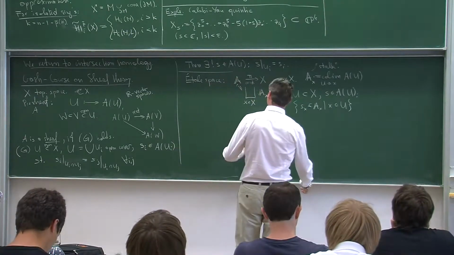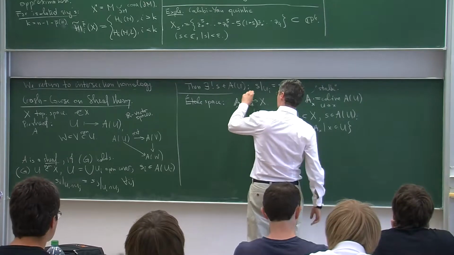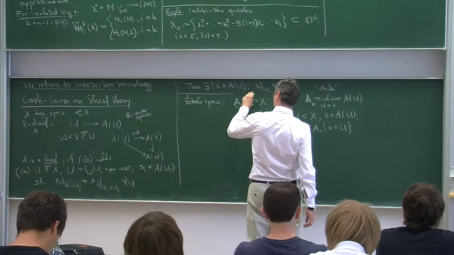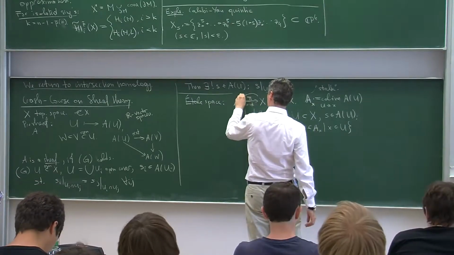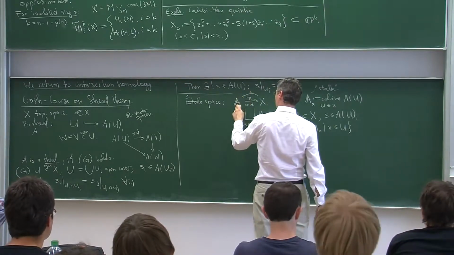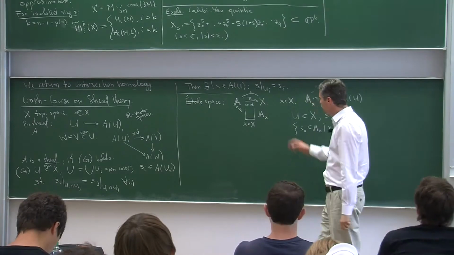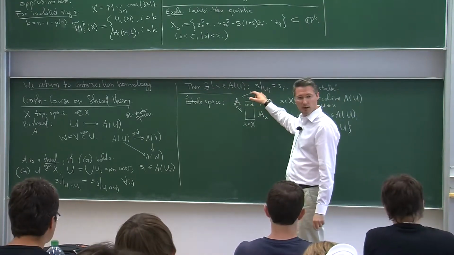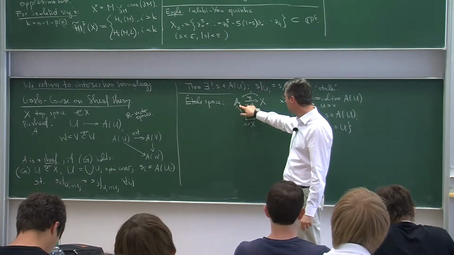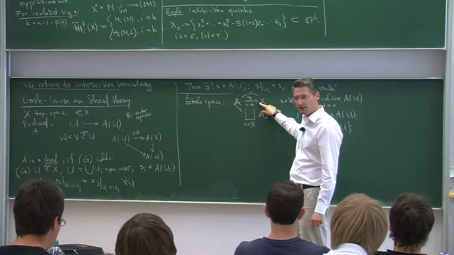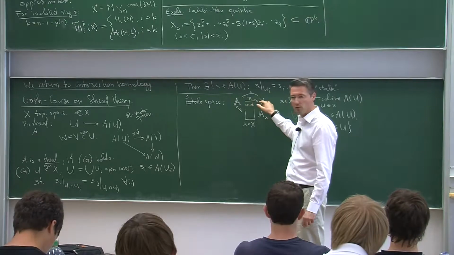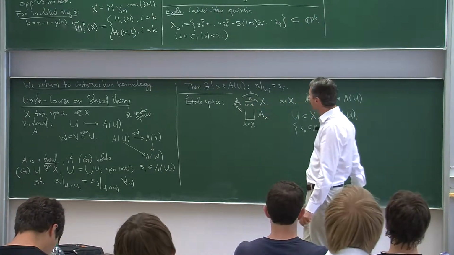And this is very useful for the following reason. You can now define what a section is much more generally than in the pre-sheaf picture, because we can say a section with respect to that étale space is just a continuous map going backwards from X to A, such that this composition is the identity on X. In other words, it maps into the stalk over the point where you look at it.